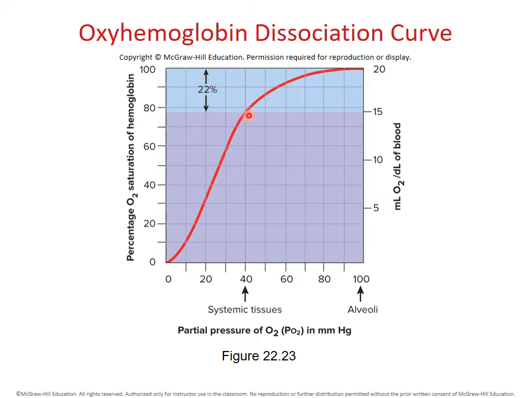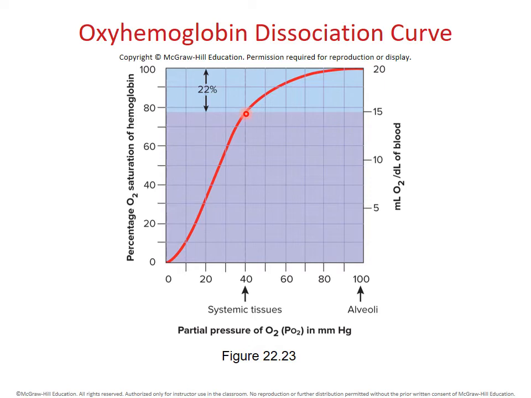What this means is that deoxygenated blood with a PO2 of 40 is actually not deoxygenated at all. In deoxygenated blood, the hemoglobin is still 78% saturated with oxygen. There's still a lot of oxygen in that hemoglobin.